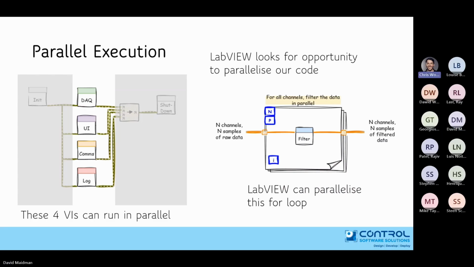So what was the execution system set for that VI? By default, it will be standard. Yeah, standard. But did you have to set it to possibly a UI or DAQ or instrument IO?